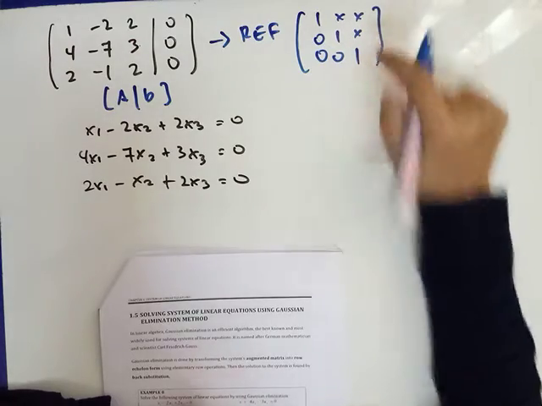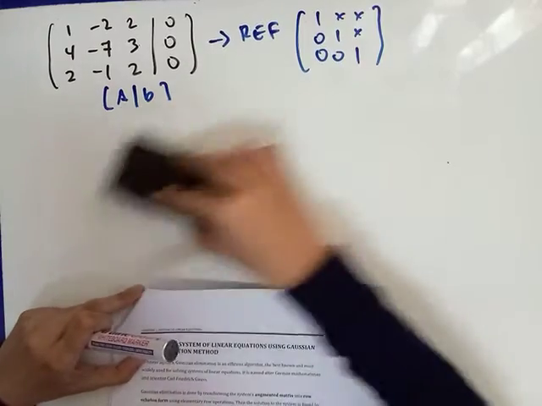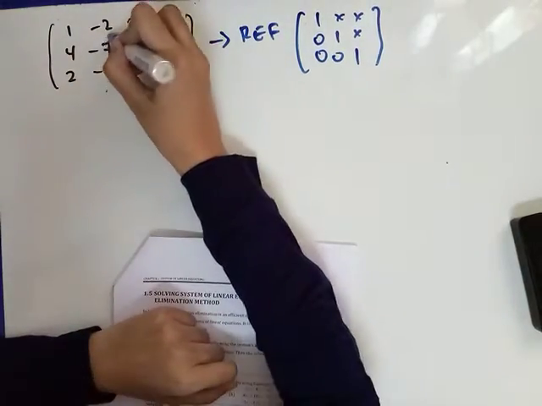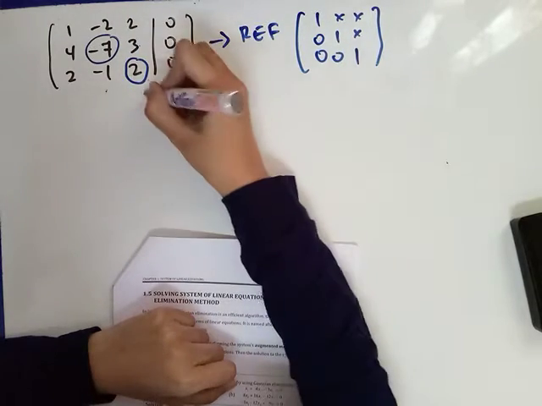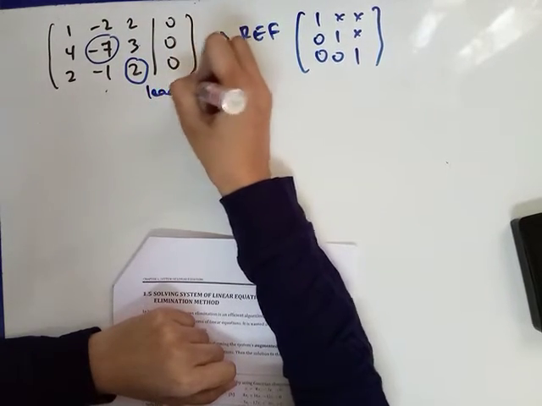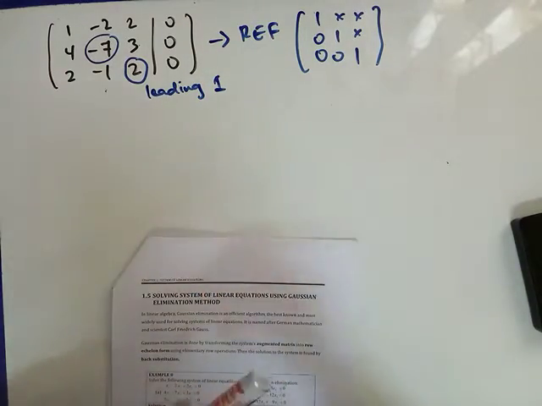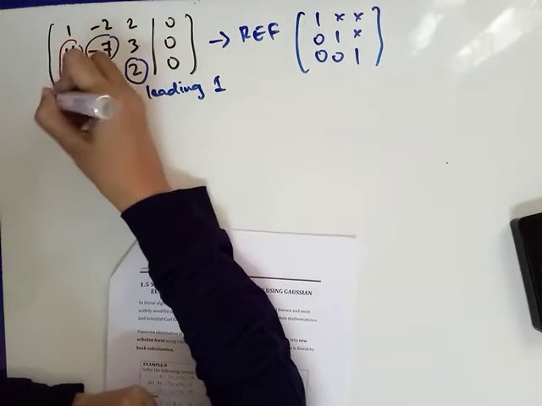So that means this one, -7 and 2, we need to make a leading one. And then for these values, 4, 2, -1, we need to make a 0 value.